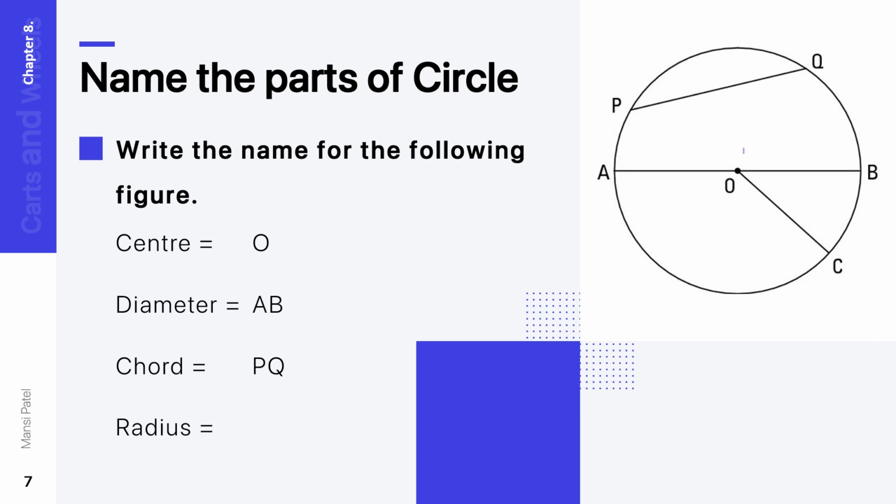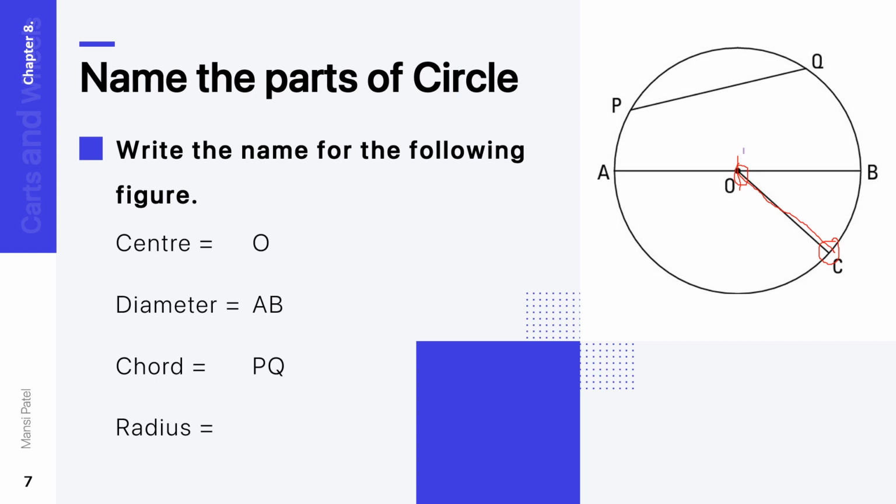See here, this is O, that is our center. So if we see OC, it's starting from O and its other end is on the circle. So we can say that OC is our radius.